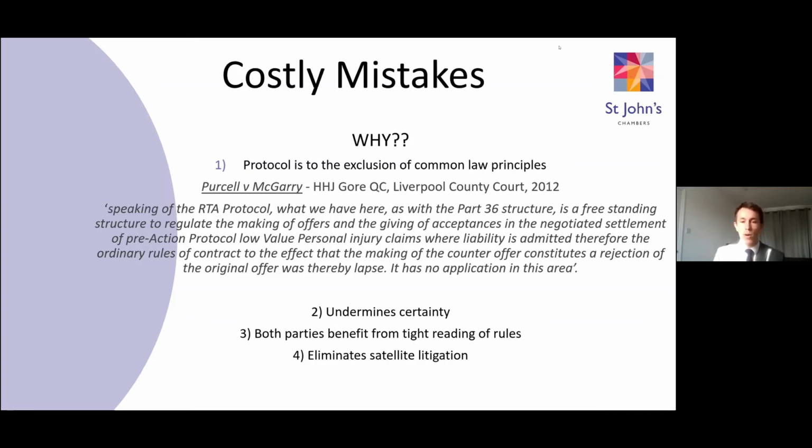So that's the starting point, is you accept as a starting point that the protocol exists in its own sphere. You don't import any common law rules in. And that leaves you in the situation where there is no room for a mistake. If you type the wrong number into the box, you are following the structure of the protocol as it is written.